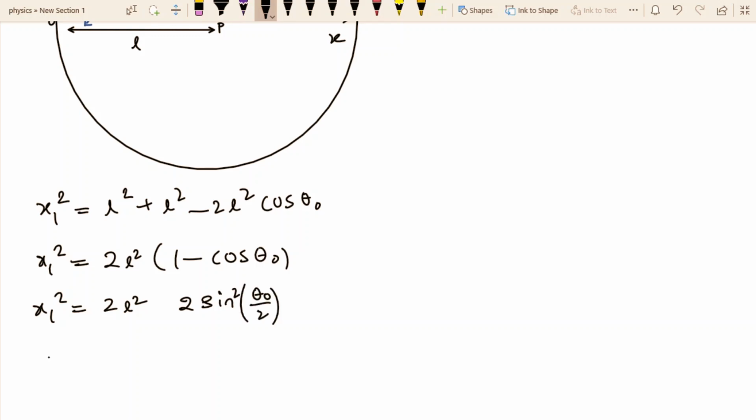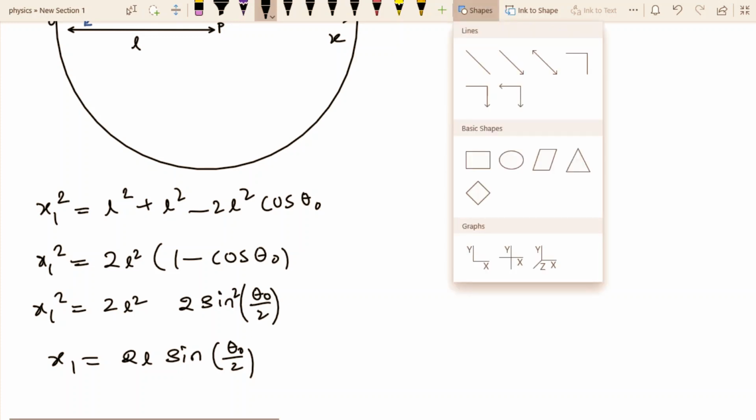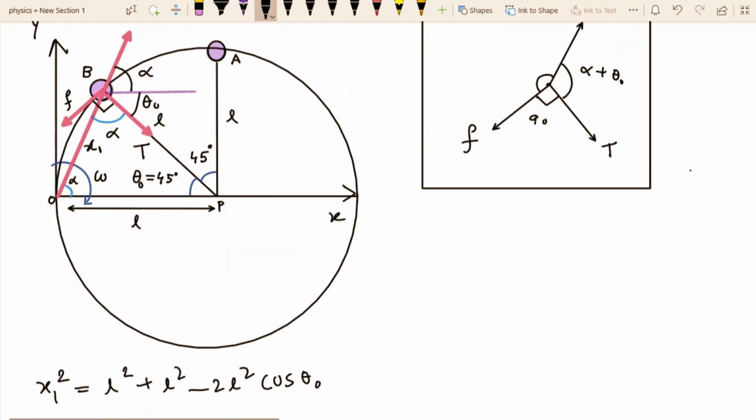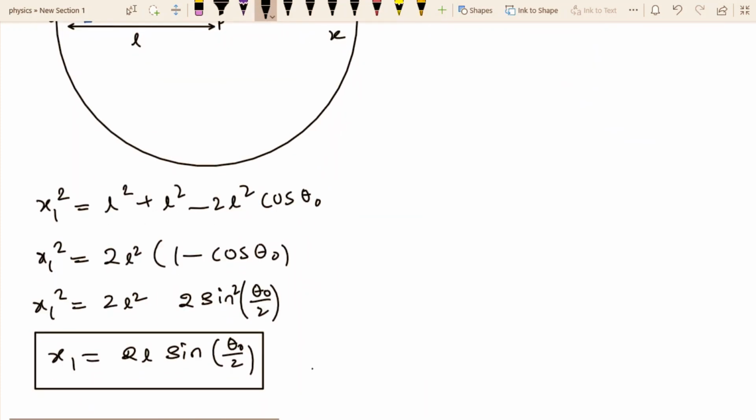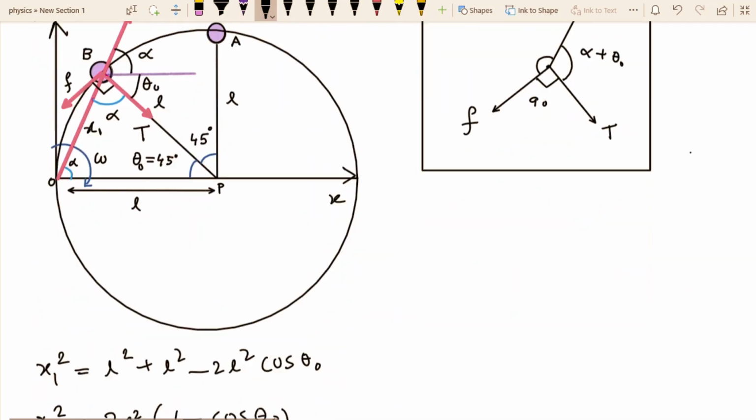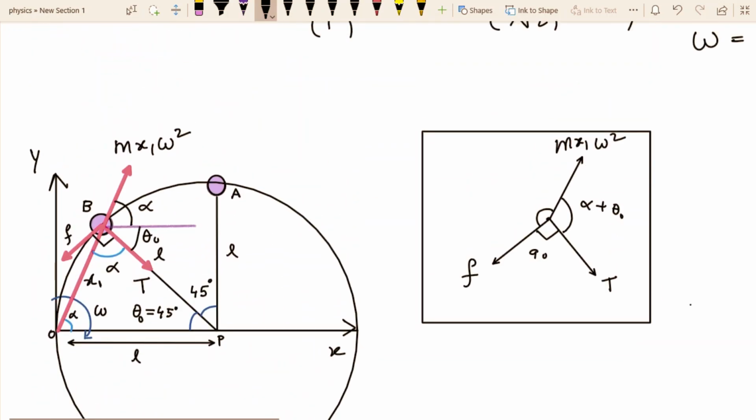You can apply square root and what we are getting is 2L sine theta naught divided by 2. This is the value of x1. The distance between B and O is 2L sine theta naught divided by 2. Please memorize this point because now we are using it here.